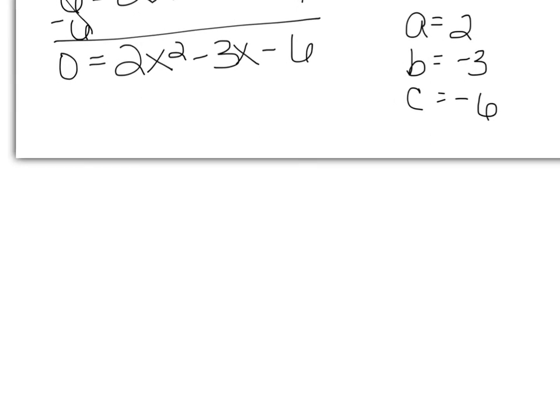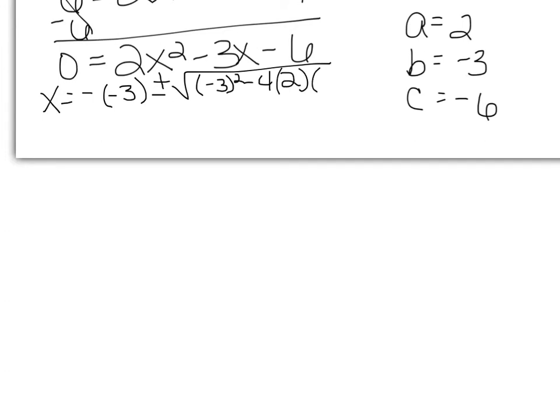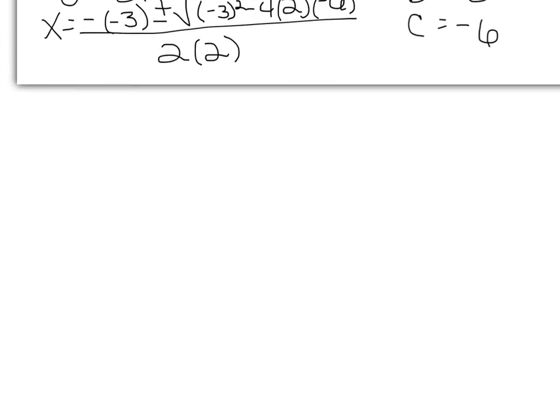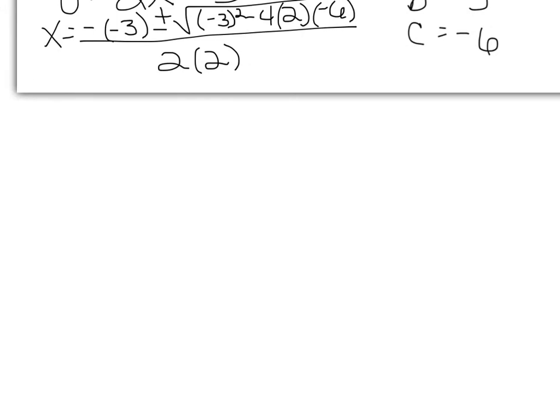Okay, we'll go ahead and plug into the quadratic formula. X equals negative b, which is negative 3, plus or minus the square root of b squared minus 4ac, all over 2a. Okay, we'll go ahead and clean it up. X equals negative 3 is positive 3. Negative 3 squared is 9.